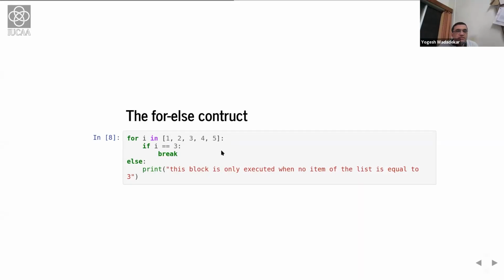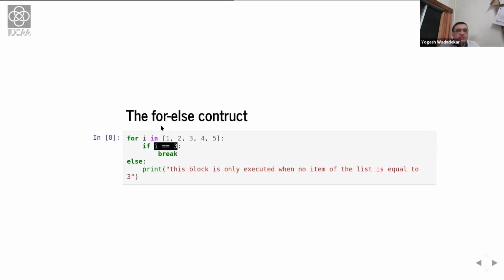So in this case, is it going to print out anything? No, because it's going to break. Only when the entire loop is run without the break being triggered, only in that case will the else run. So for example, if I want the else to run here, I could say if i equals 7.